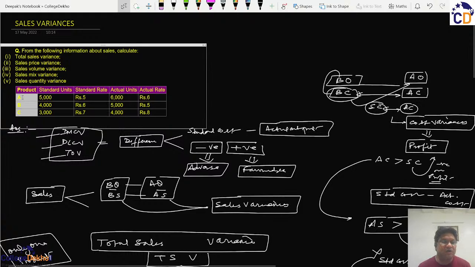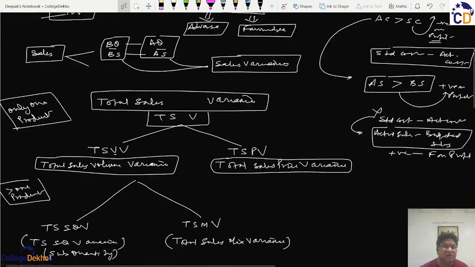It shows 3 products, that is product A, B, C. It shows that we will calculate 5 variances because it has 3 products. So this is the budget quantity or the standard quantity. This is the standard rate, and these two show the actual figures. So the standard and the budgeted are one and the same thing.